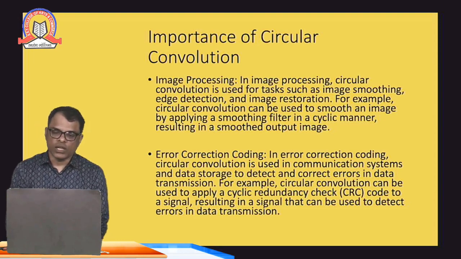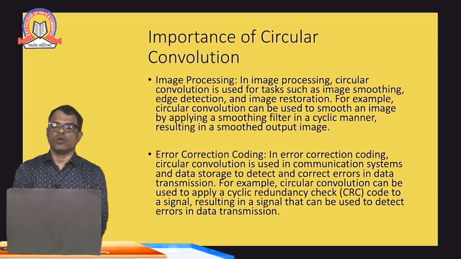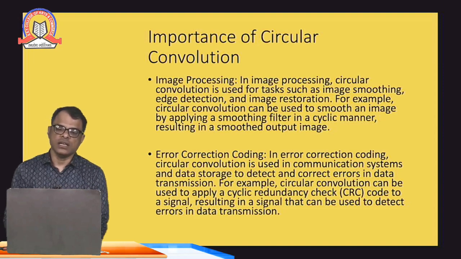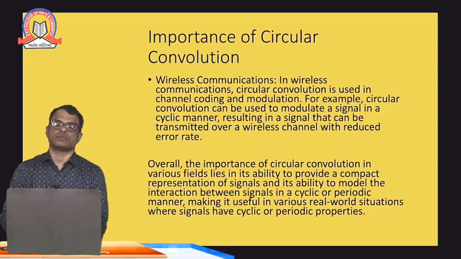Error correction coding. In error correction coding, circular convolution is used in communication systems and data storage to detect and correct errors in data transmission. For example, circular convolution can be used to apply a cyclic redundancy check (CRC) code to a signal, resulting in a signal that can be used to detect error in data transmission. So, when we transmit the data, at that time for error detection and correction, circular convolution can be used.